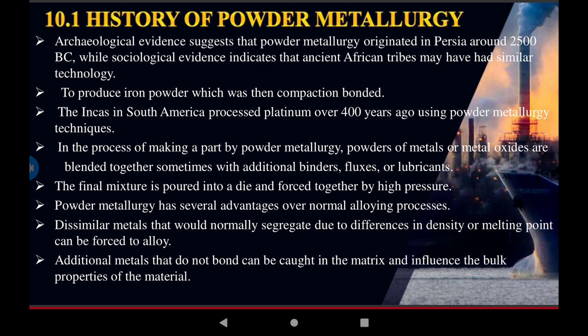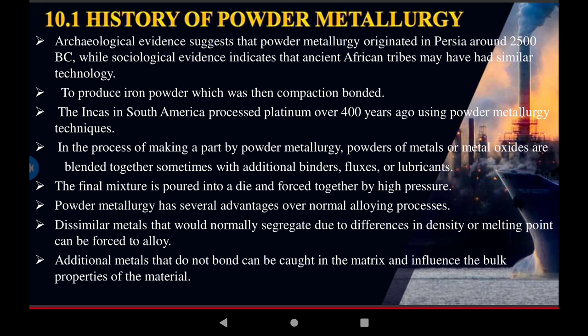The final mixture is produced, fed into a die, and pressed together under high pressure generated to the powder. Powder metallurgy has an advantage over the normal alloying process.